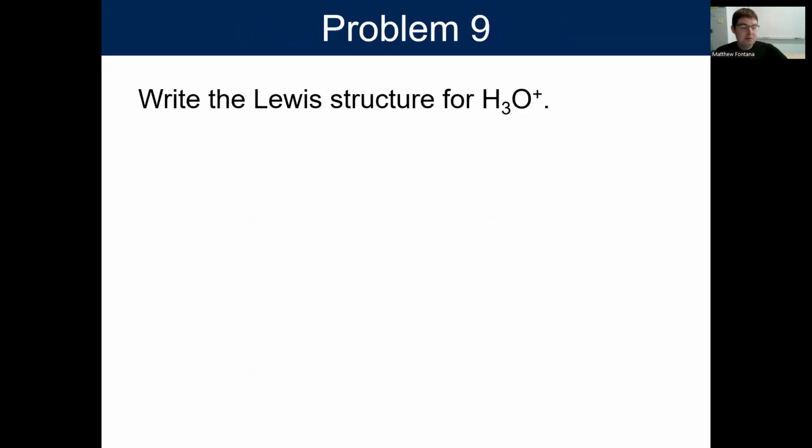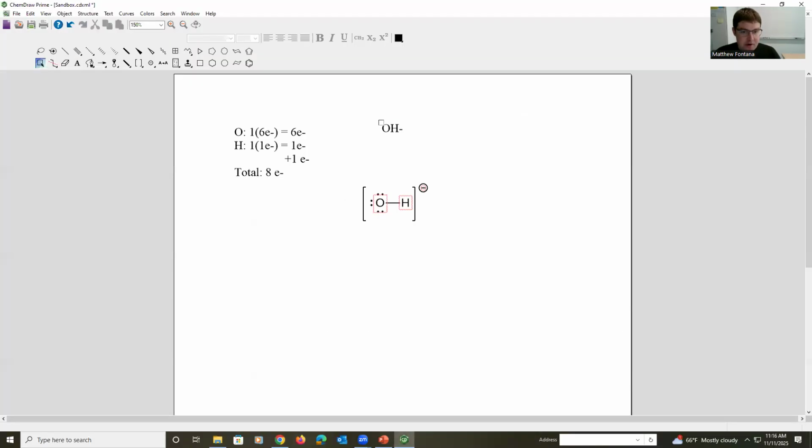Okay, so now we're going to do the same thing, but we're going to do it for a cation. And this is going to be for the hydronium ion. So if we do it for hydronium ion, we get H3O plus, and then we'll get rid of all this stuff over here. And then we have H3O plus.